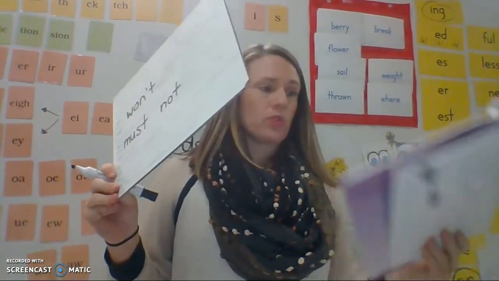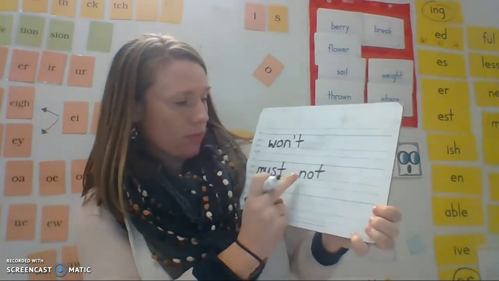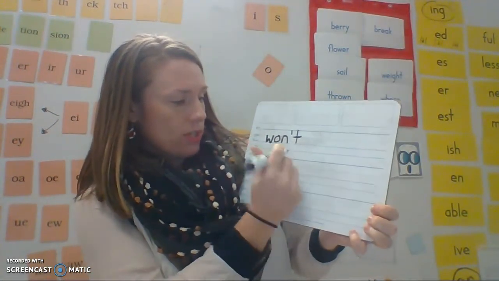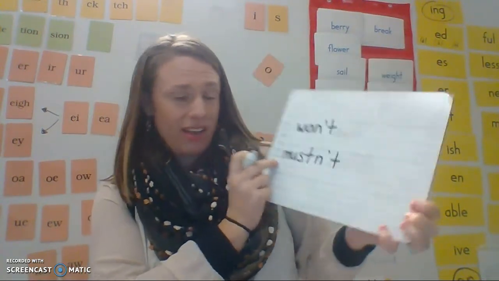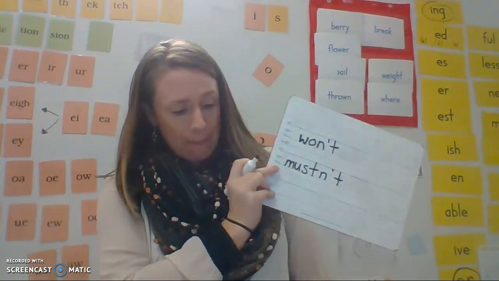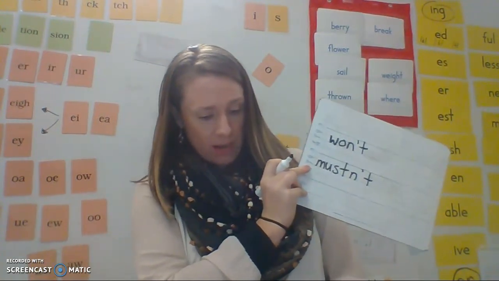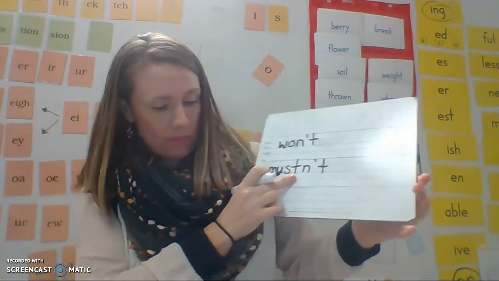And don't forget, you do have your contraction page in your notebook for any of the ones that feel tricky to you. Okay, so this one wasn't tricky to spell. The tricky part's the pronunciation. How do we say it? I mustn't. That's right, I mustn't. That's a silent T right there.